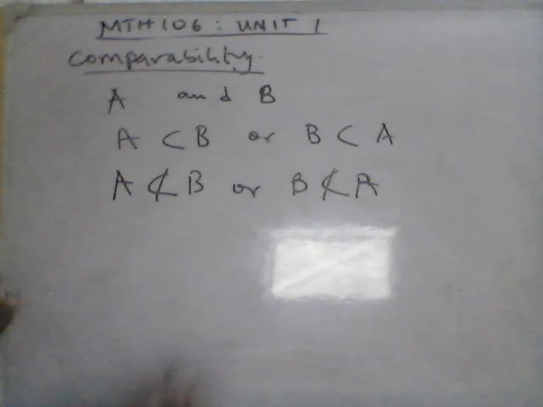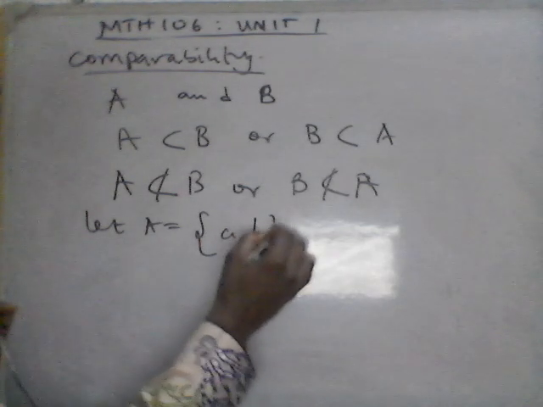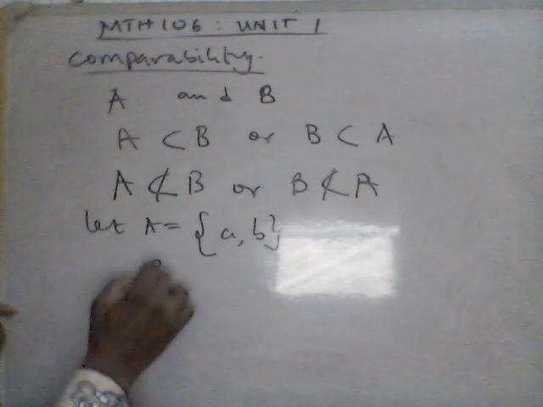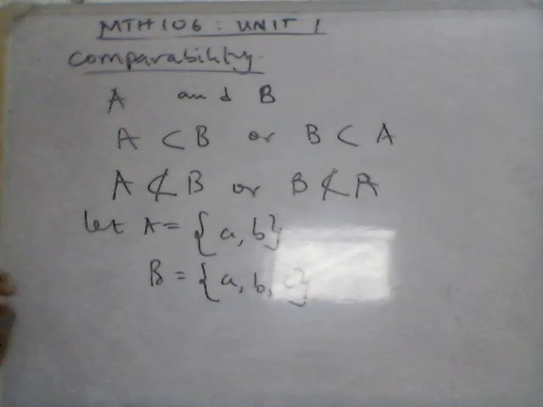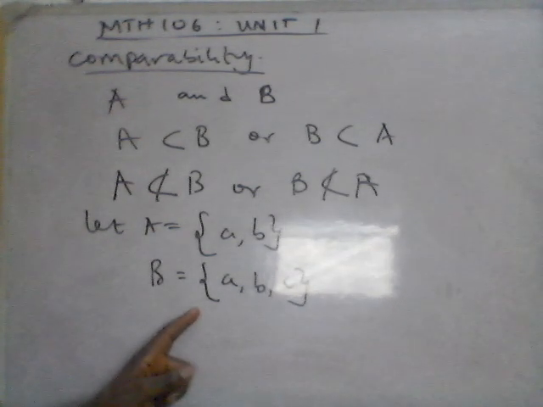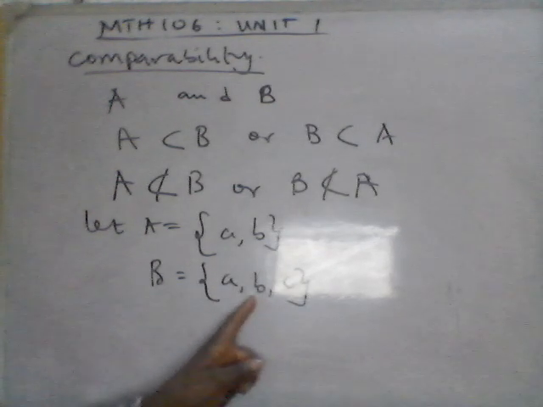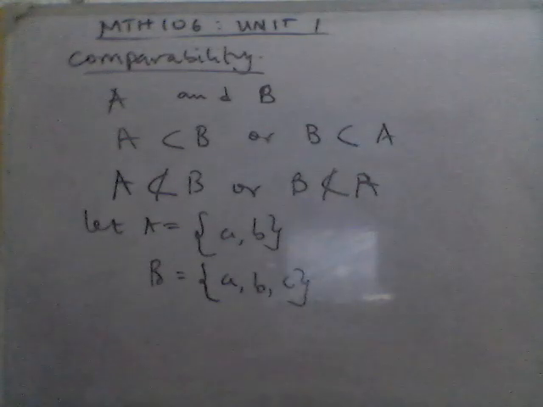So for example, let A equal a, b, and B equal a, b, c. A is comparable to B since A is a subset of B. See, the elements in A are inside the elements in B as well. So they are comparable. Okay, so let's go on to the next one, sets of sets.